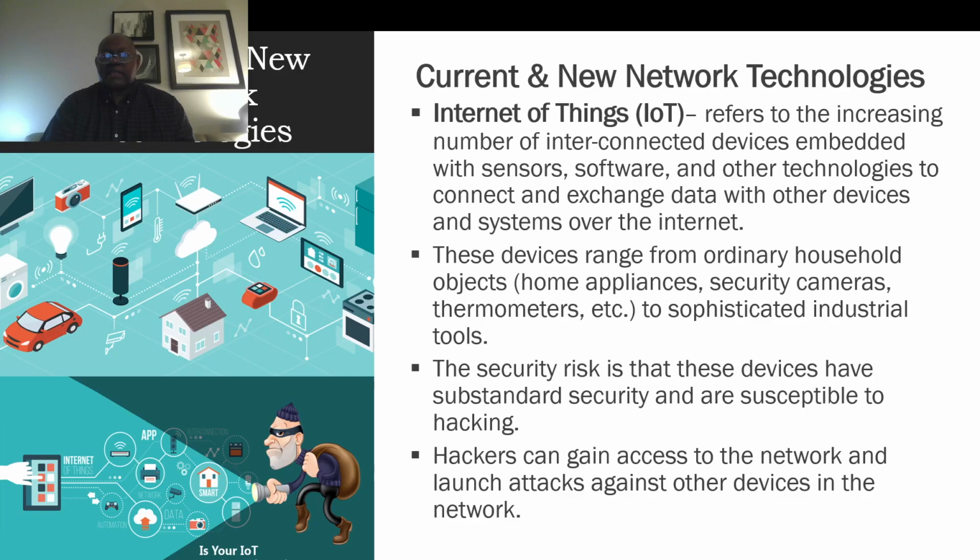These devices range from ordinary household objects, home appliances, security cameras, thermometers, to sophisticated industrial tools. The security risk is that these devices have substandard security and are susceptible to hacking, like this guy here. The hacker can gain access to the network and launch attacks against other devices within the network.